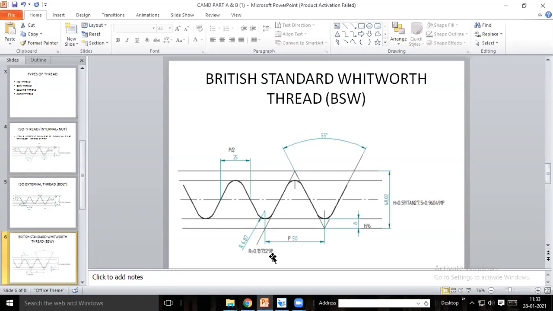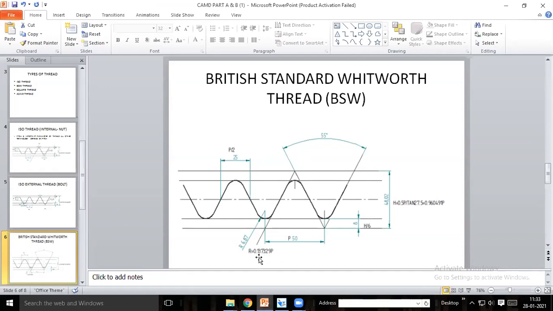You have to remember this formula. I will share this PPT in your LMS. Okay, you need to calculate this radius.